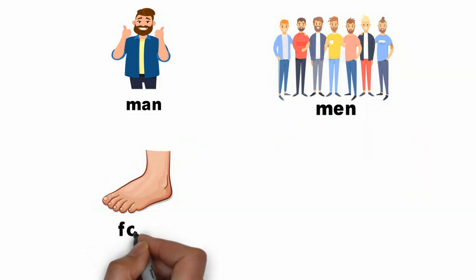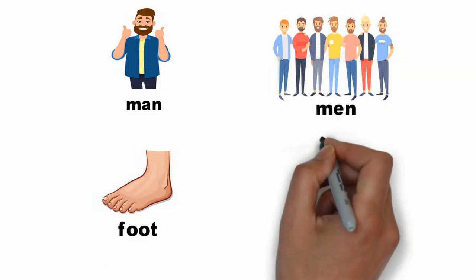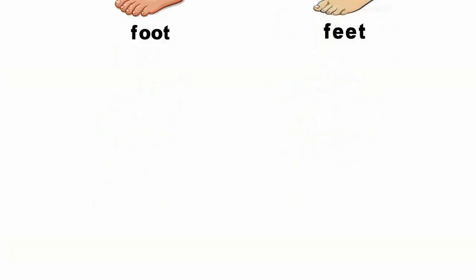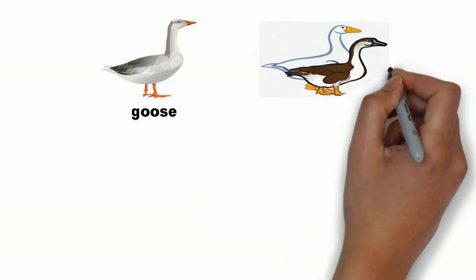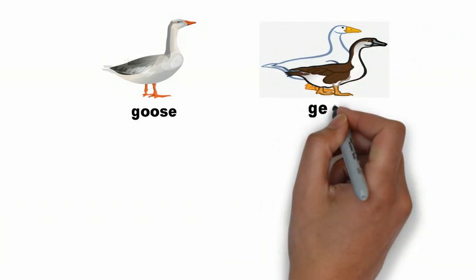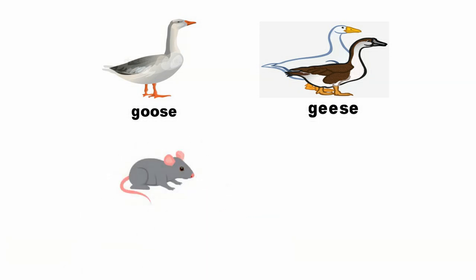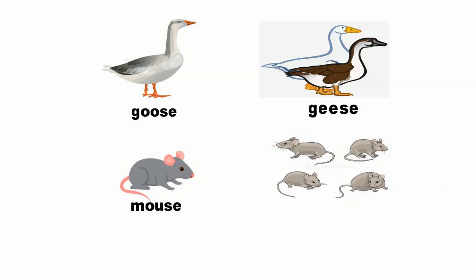Foot. If there are two, we say feet. Goose. If there are many, it will be geese. We say geese if there are many. Mouse. When it's plural, we say mice.